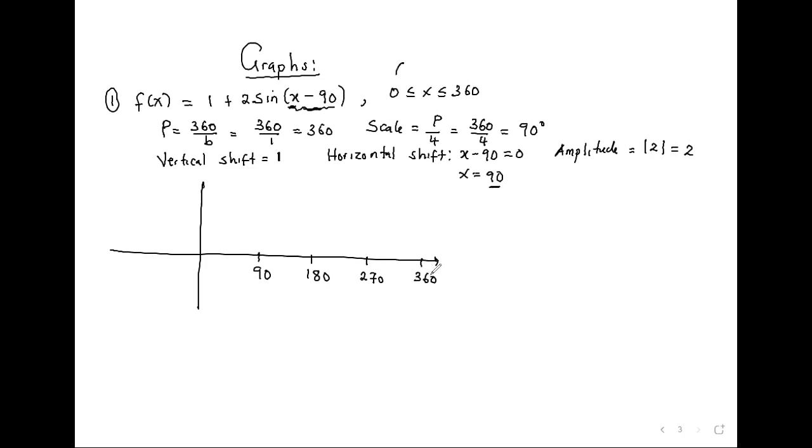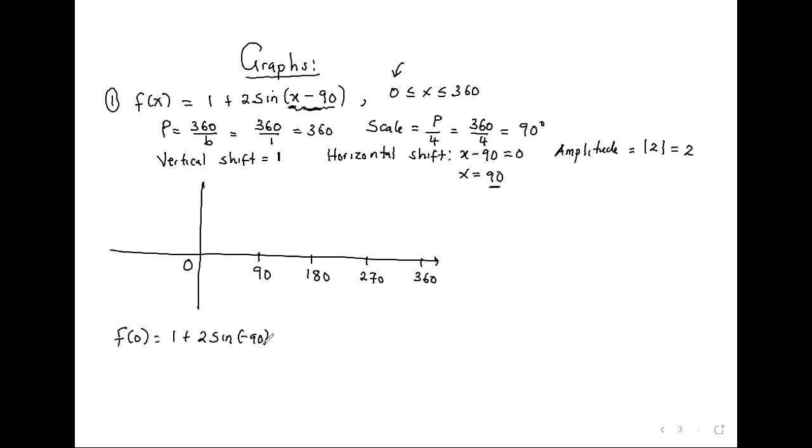We must get to 0. So you say minus 90. So we have 0. We've covered on the left. And then substitute. So what is f of 0? You get 1 plus 2 sine negative 90.